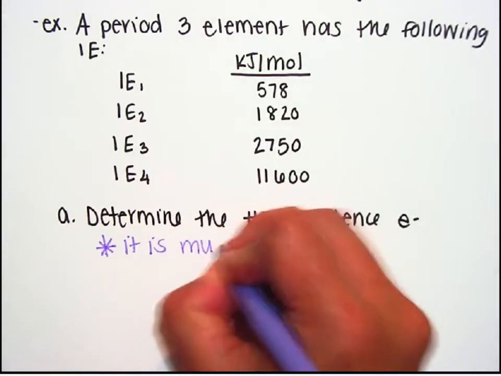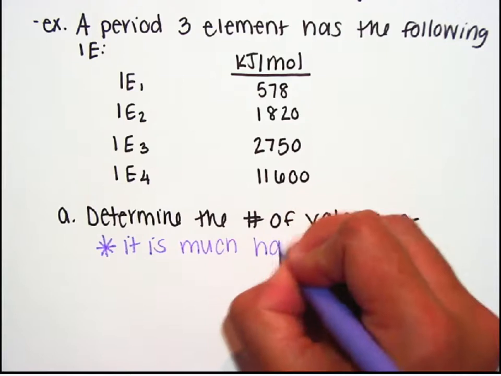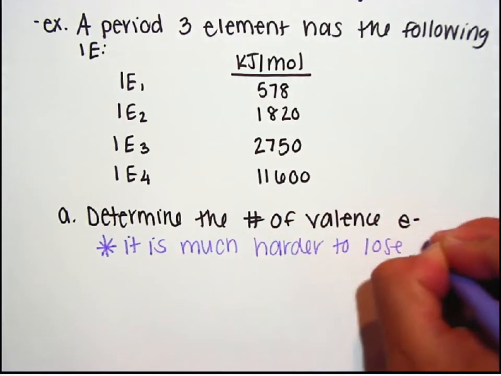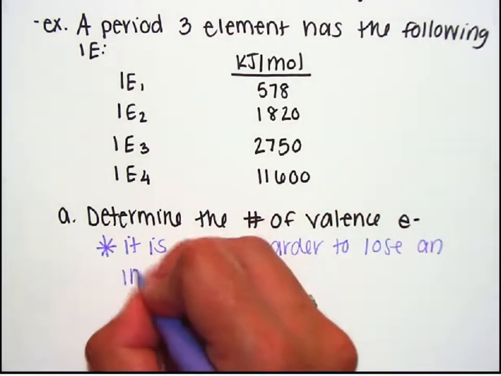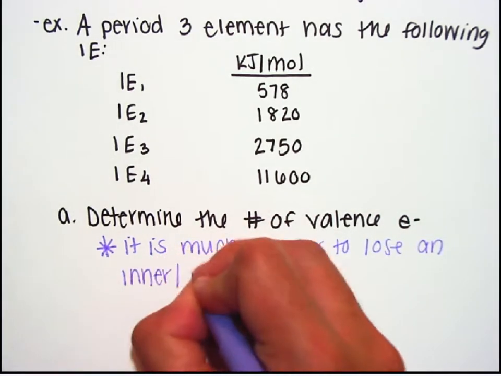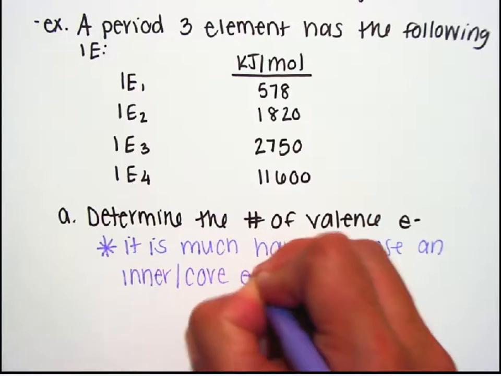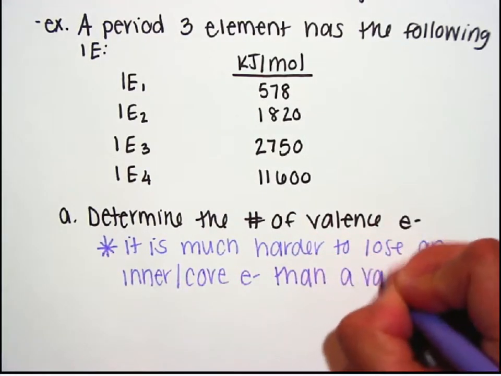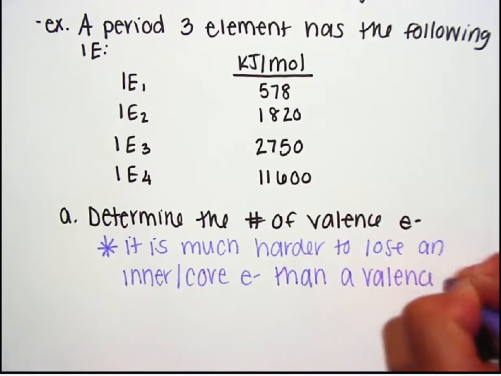It is much harder to lose an inner or core electron than a valence electron.